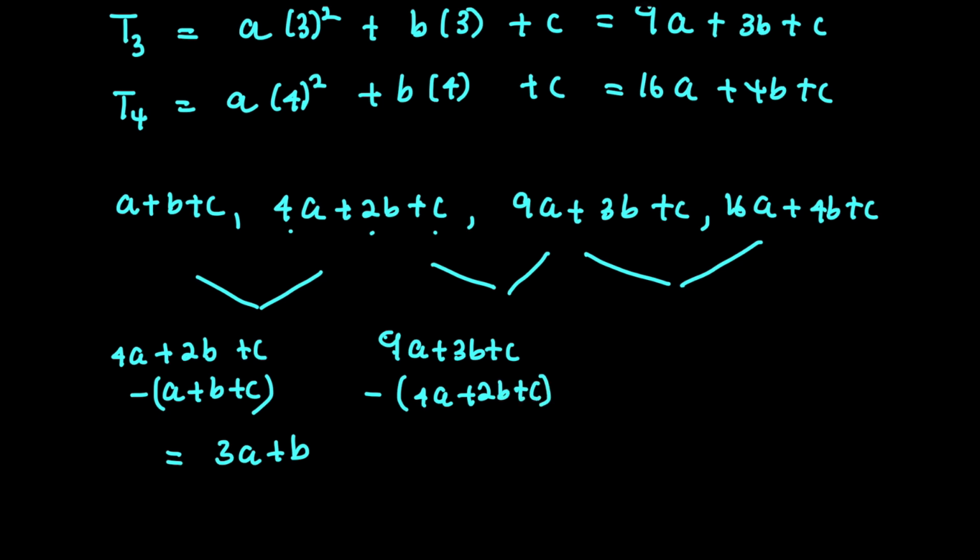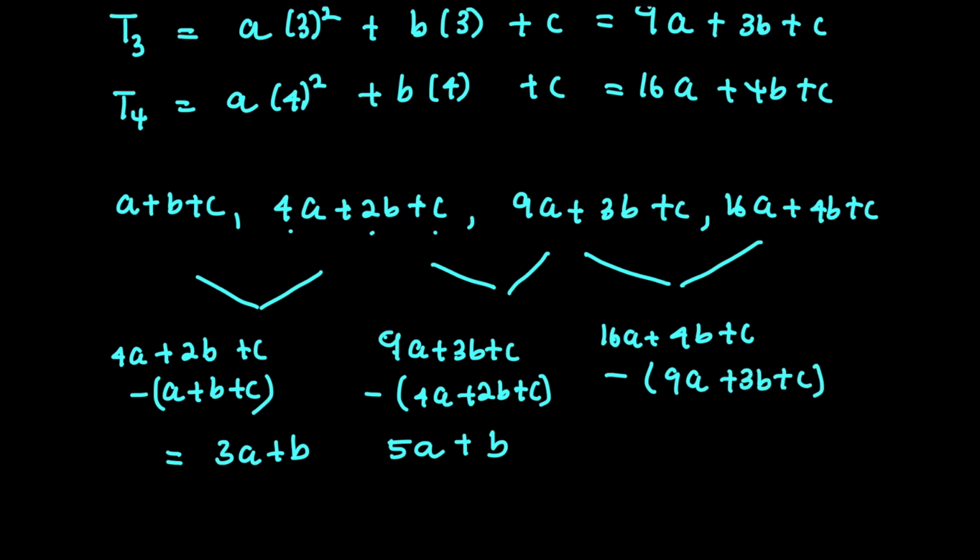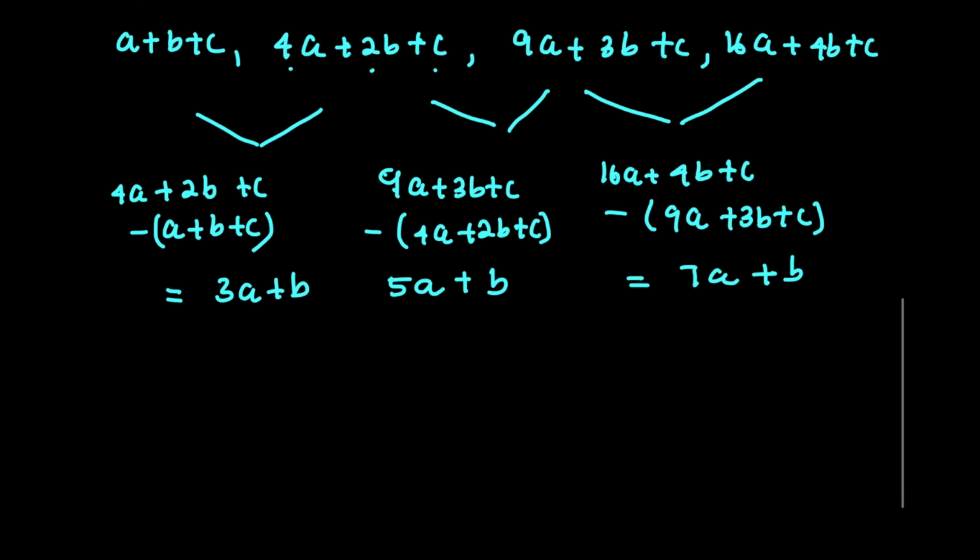The answer to that is going to be 5a plus b, right? Then lastly, let's take 16a plus 4b plus c minus 9a plus 3b plus c. The answer to that is going to be 7a plus b.